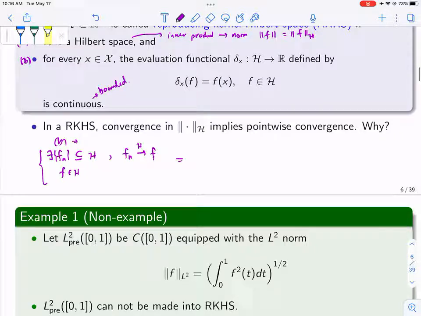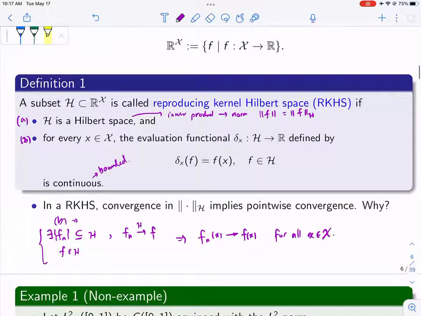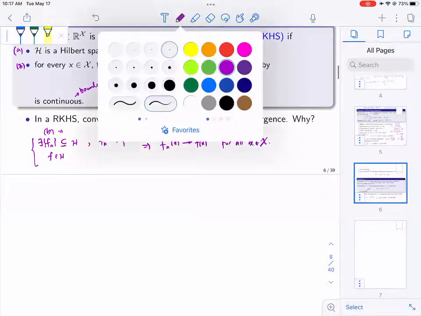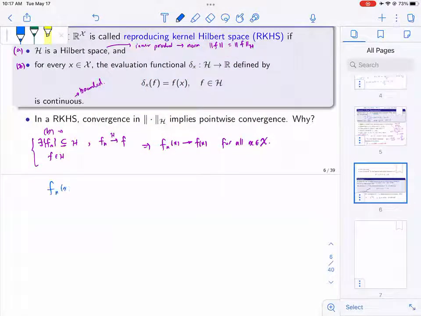I want to conclude that Fn of x converges to F of x as real numbers for all x. So how can we argue this? Okay, let's look at the difference. What next?